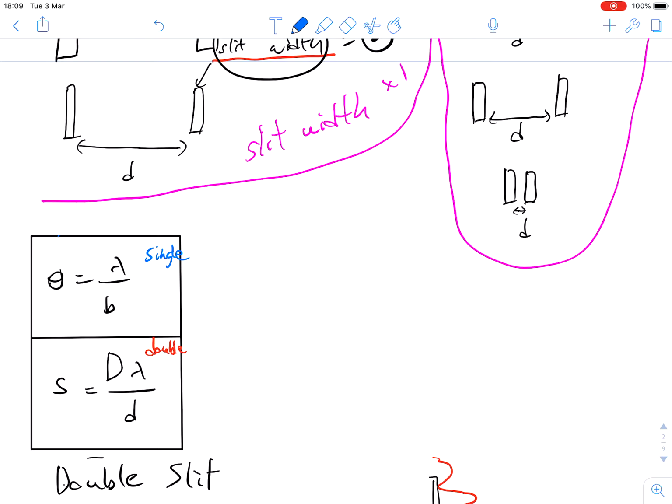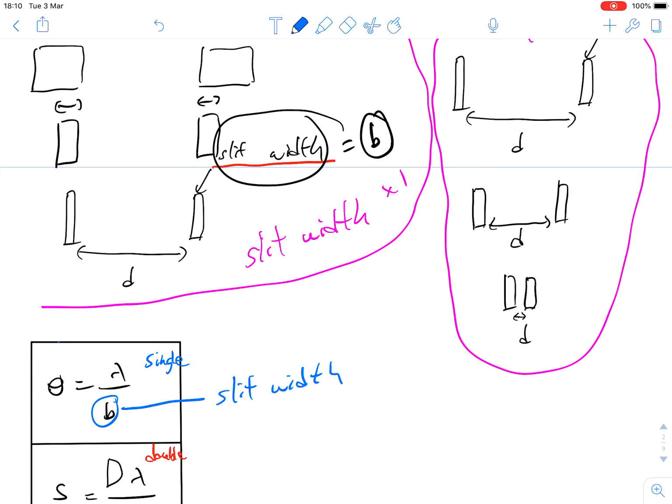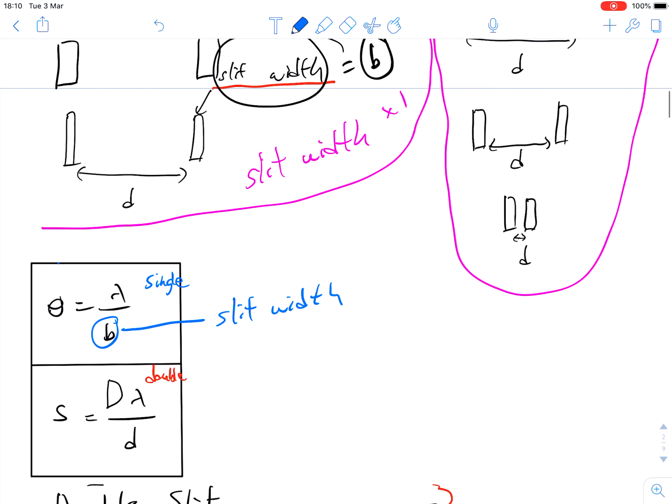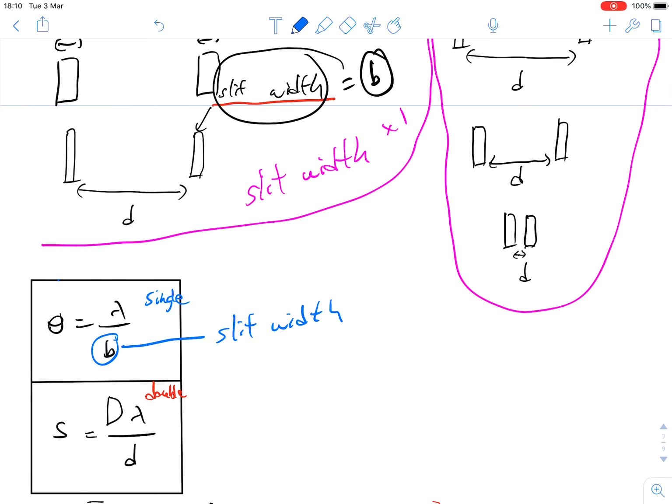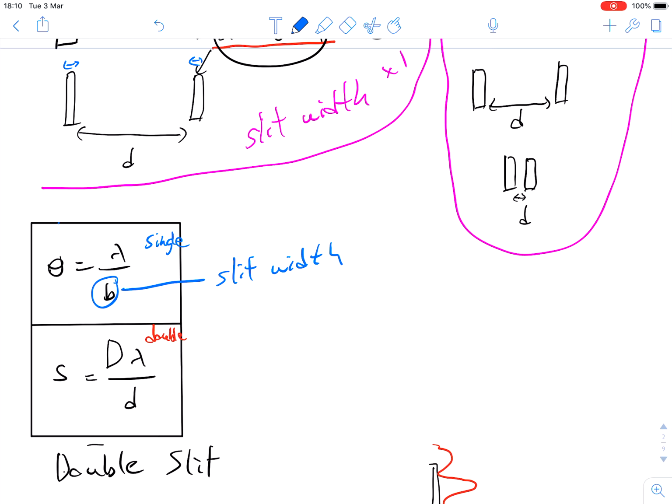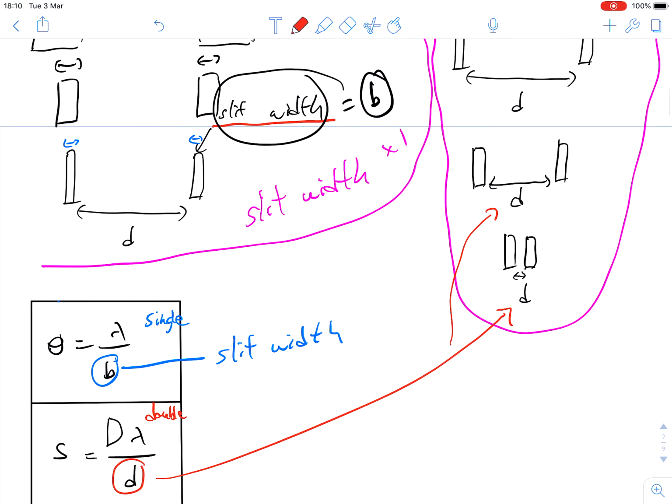The letter b here is the slit width, the width of the slit, as you can see there, that little measurement right there. The other one is little d, the separation of the slit, as you can see there, and we have a really wide separation there.